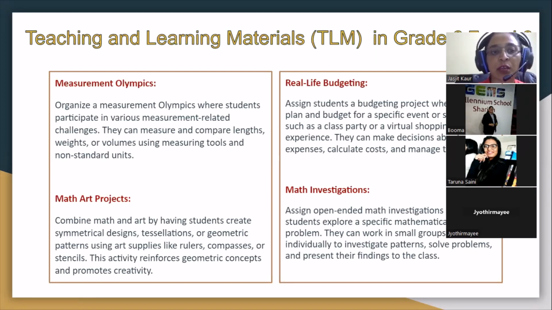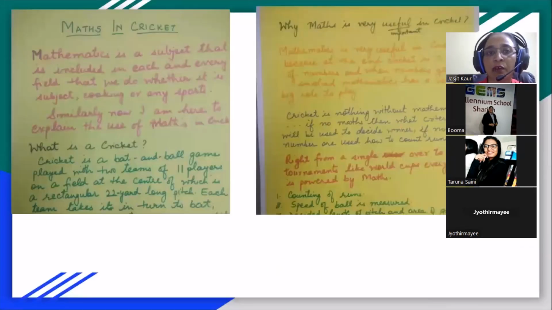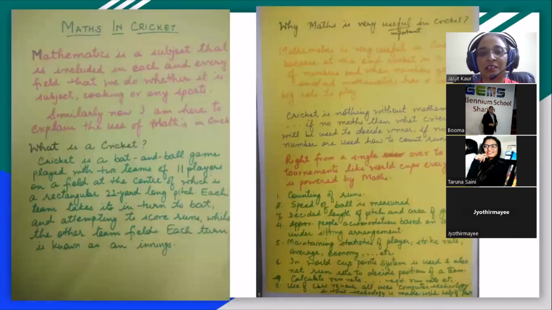We have to help the students combine math with art also. Math art projects are there, symmetry designs, open-ended math investigations, comparing lengths, measuring tools, everything we can help the students cover. This is the great thing, that we help the students with math in real life.